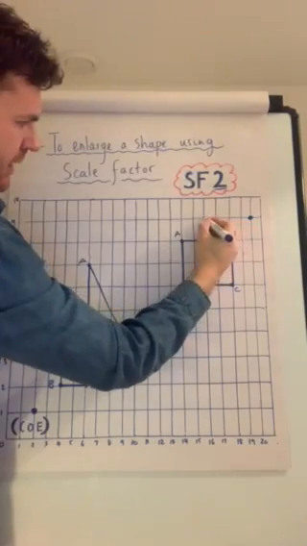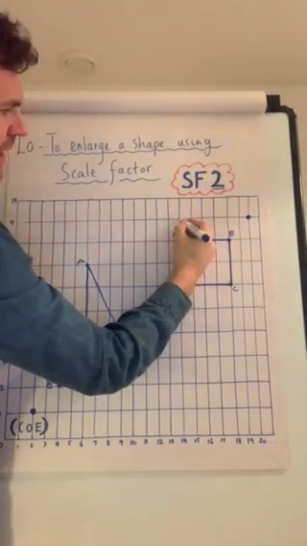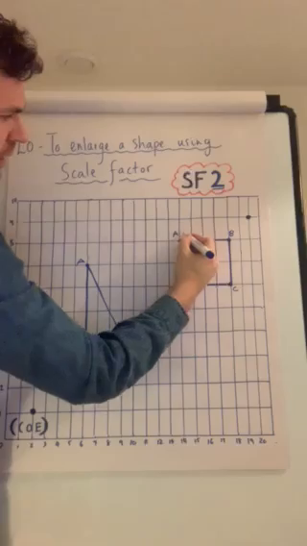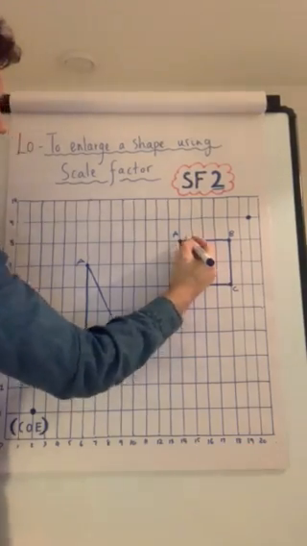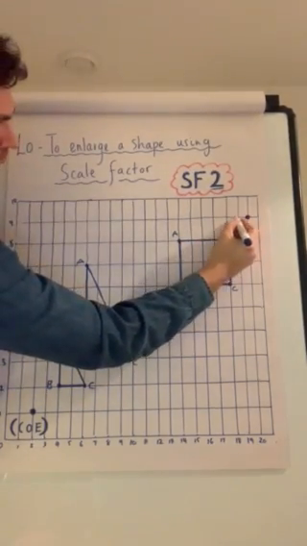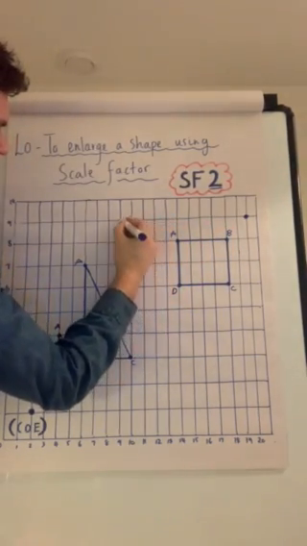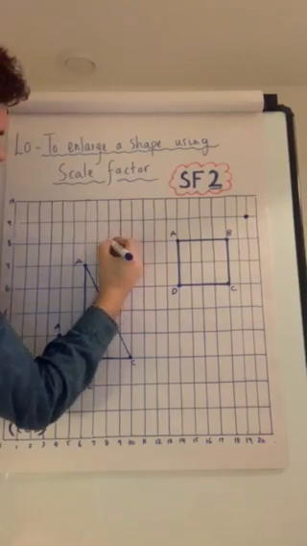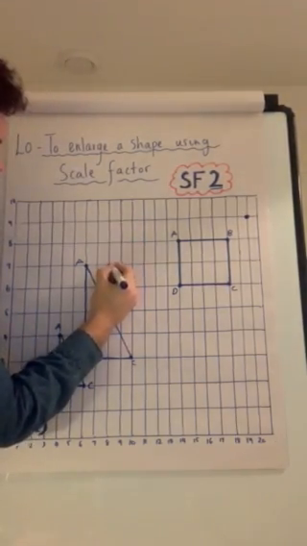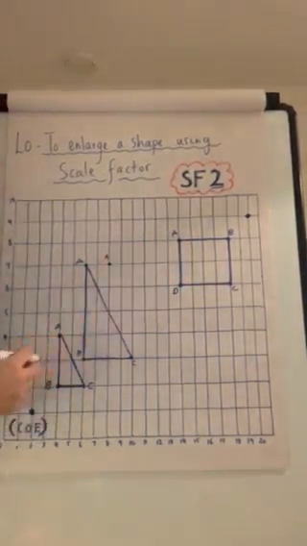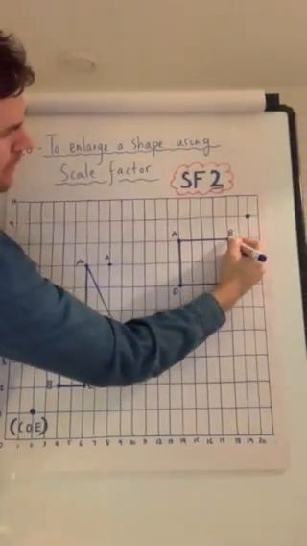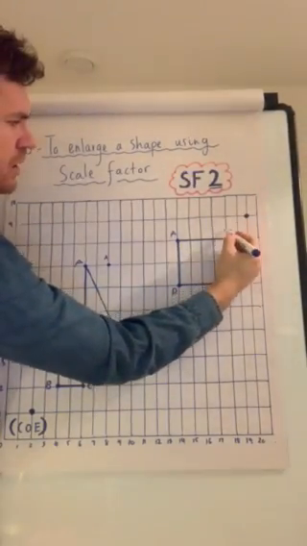1, 2, 3, 4, 5, 6 across, so that's going to be 12, and 1 down, so that's going to be 2. So 12 across, 2 down. 1, 2, 3, 4, 5, 6, 7, 8, 9, 10, 11, 12, and 2 down. 1, 2. So there is now point A. Point B, 2 across, 1 down.